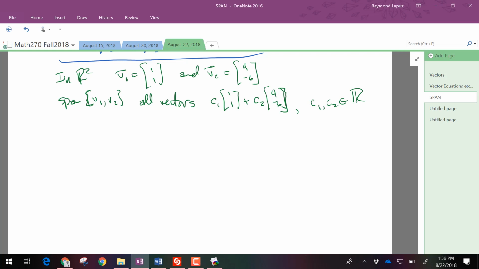Okay, so just to think ahead a little bit, what do you think the span of these two vectors is in R2?